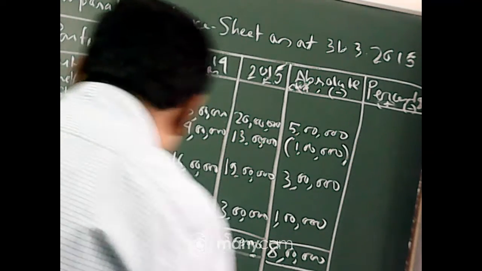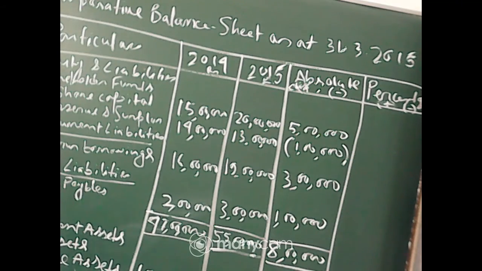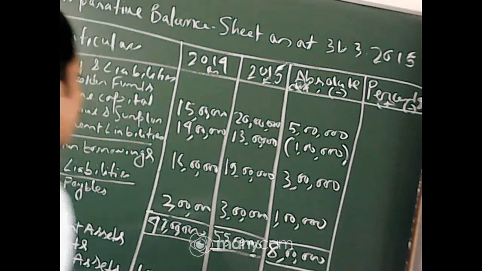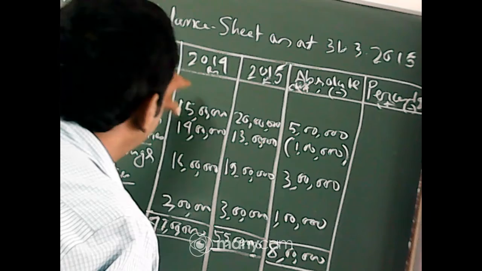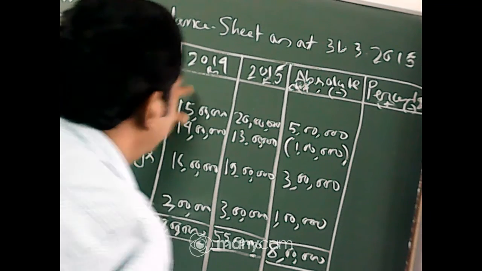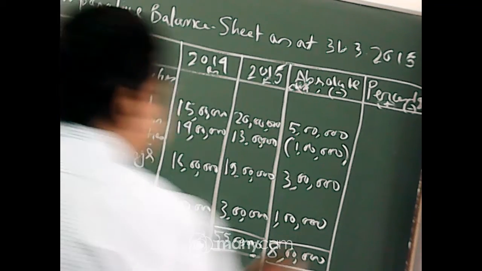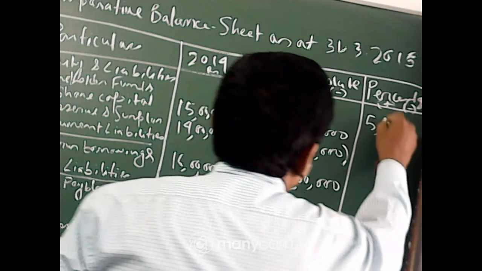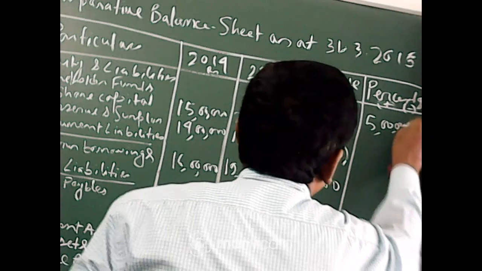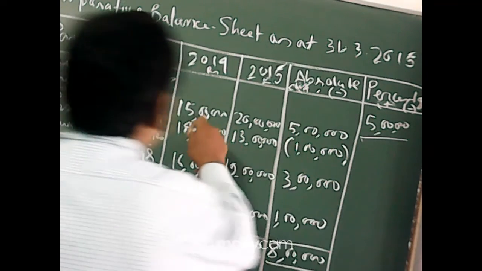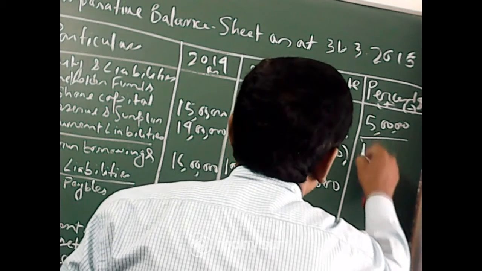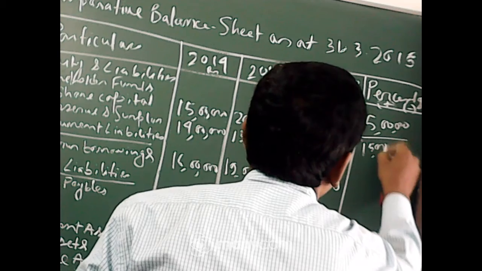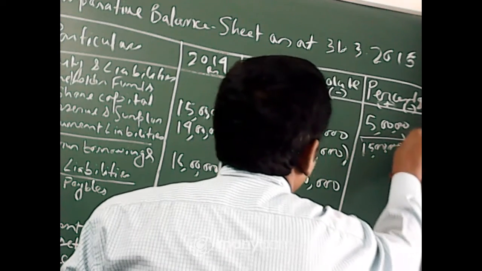Okay. Now the next thing, that is change of percentage. How can you calculate the percentage? 2014 is the base year, and on this base year figure you have to calculate your percentage. You write the 5 lakh absolute change value by your base year figure, that is the previous year figure, 15 lakh, into 100.